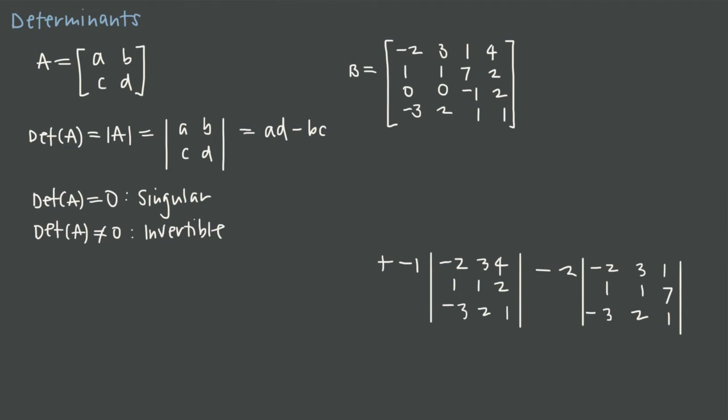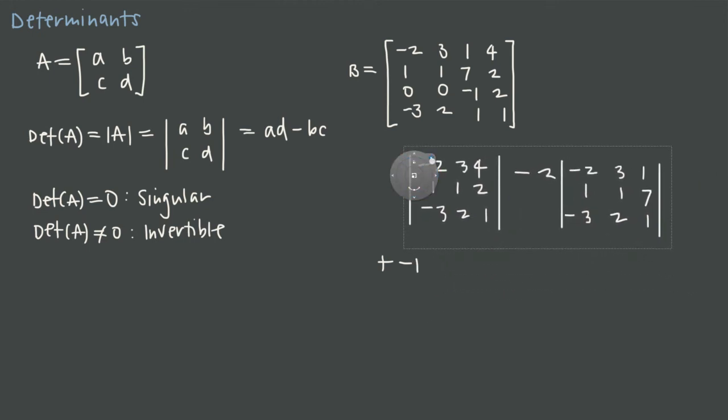And then here, if we actually bring this up here, notice that this coefficient out in front of this first determinant is just a negative 1. So we can just go ahead and get rid of this here and then have a negative out in front of this determinant. So this is what we have so far for the determinant of B.